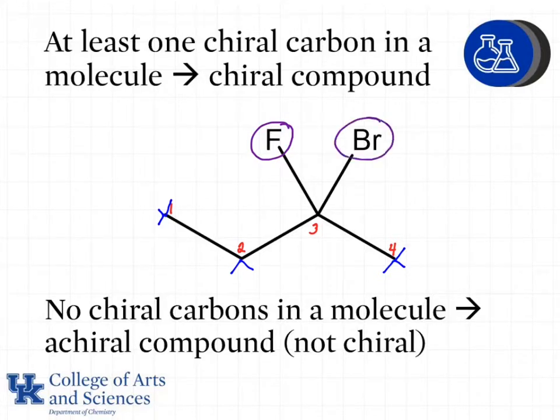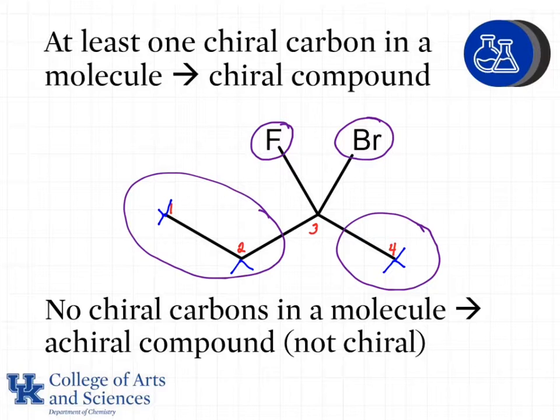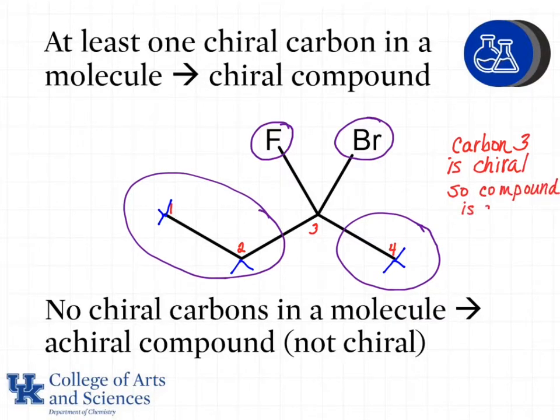The second group is bromine. My next group is a 2-carbon, so CH2CH3 group, and the fourth group is CH3. So I see that carbon 3 has 4 unique groups attached to it. Carbon 3 is chiral, so we have a chiral compound.